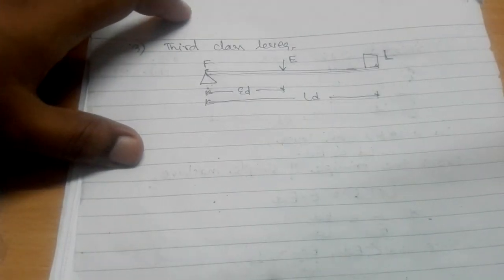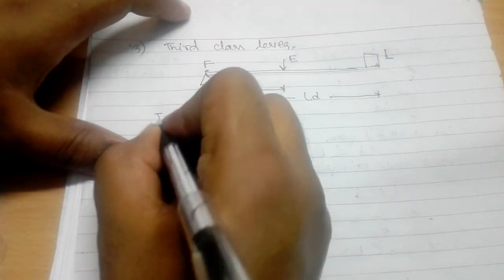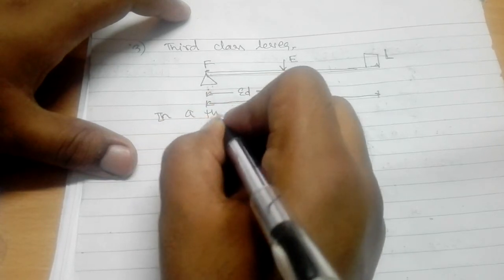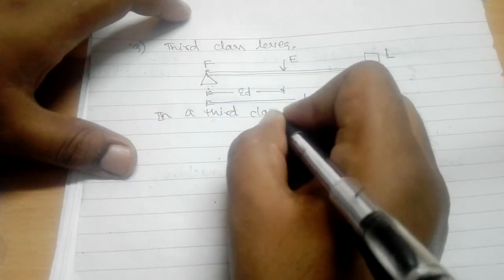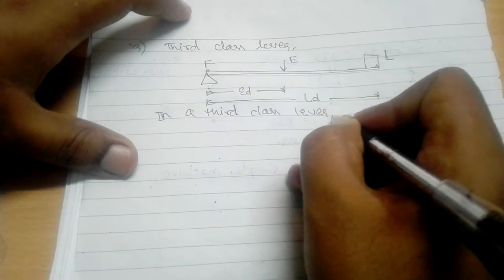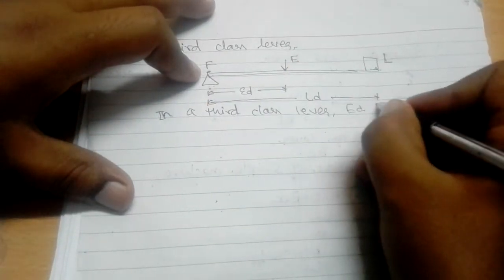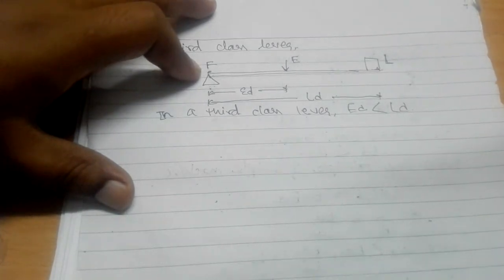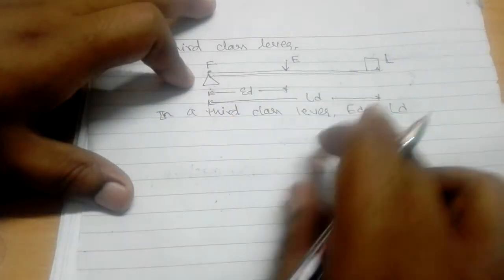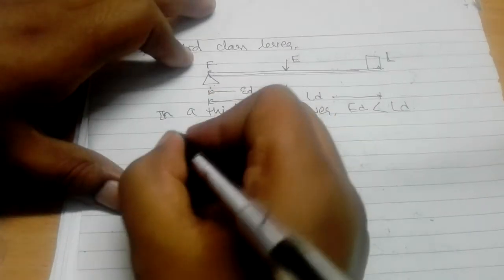Now it shows that in a third class lever, since effort is always in between load and fulcrum, ED is always smaller than LD. Then what happens? Let's see.